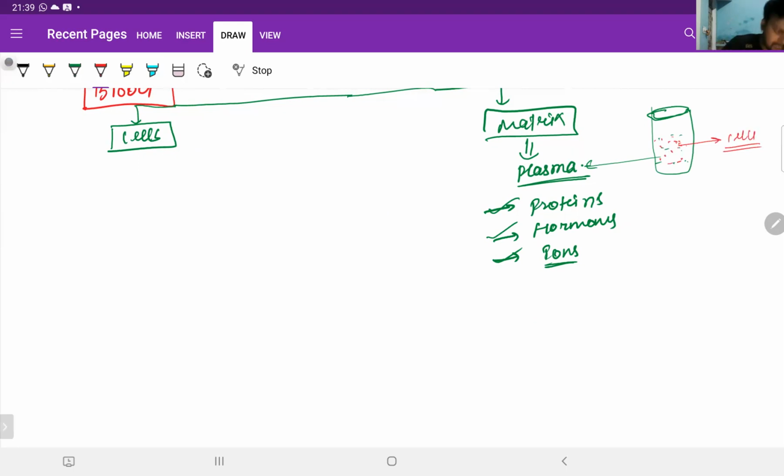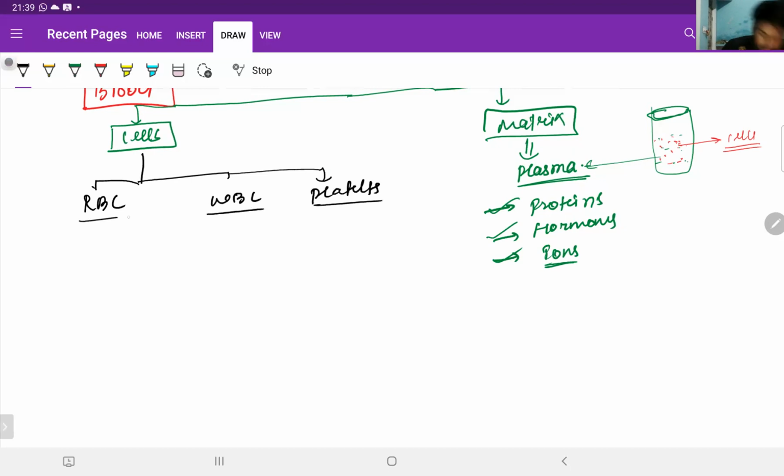So the cells can be RBC, WBC, or platelets, right? The diagrams of these WBCs have been given in your NCERT, and I would like you to go there and see how different forms of white blood cells look.